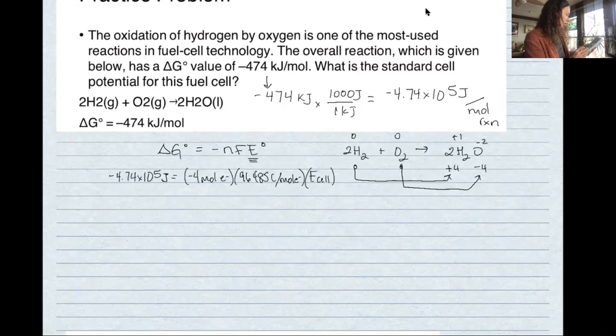So negative 4.74 times 10 to the 5th divided by parentheses negative 4 times 96485 close parentheses equals 1.23. It is positive. It's a normal value for voltage. That's good. Notice I've got my joules. These cancel per coulomb, and that is a volt.